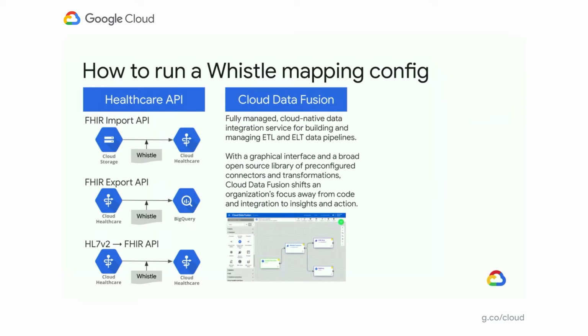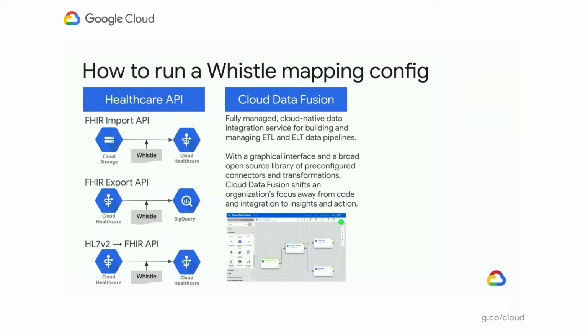The second way is using Cloud Data Fusion, which is a Google tool that is a fully managed service for ETL pipelines. And what that allows you to do is have access to a library of different pre-configured sources and connectors and transformations, and a library of pre-configured outputs or sinks as well.